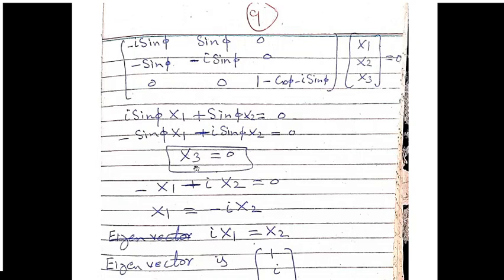So in that case x3 is equal to 0. The product of two things is equal to 0, so one thing must be equal to 0, so we have to take x3 equal to 0.